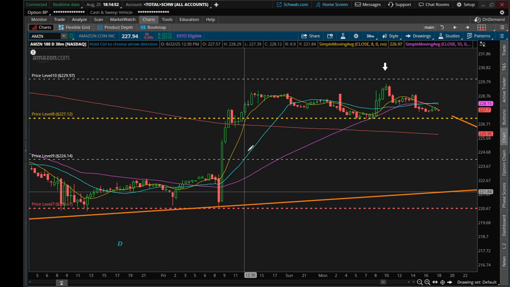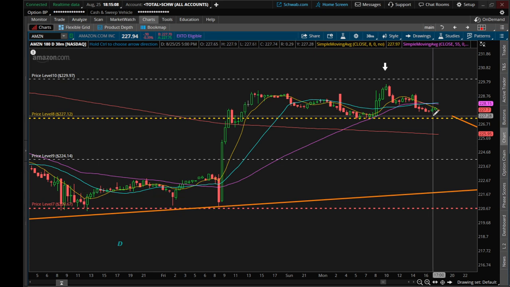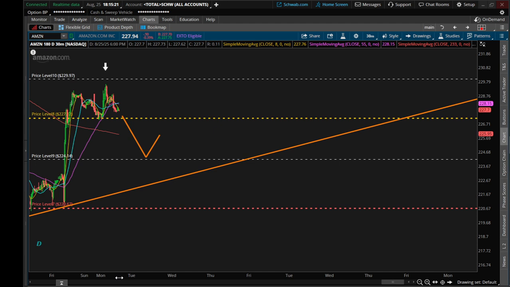And usually when it's like that too, these types of shallow corrections would stay at this price level. So I'd be surprised if it came back to this 224 area, but just looking at all of that.